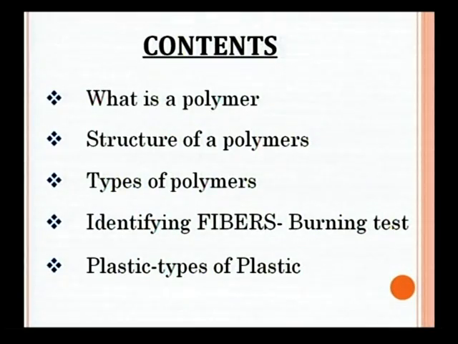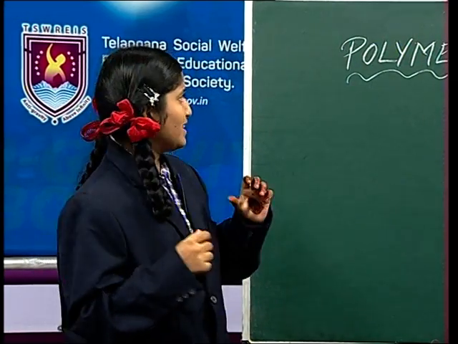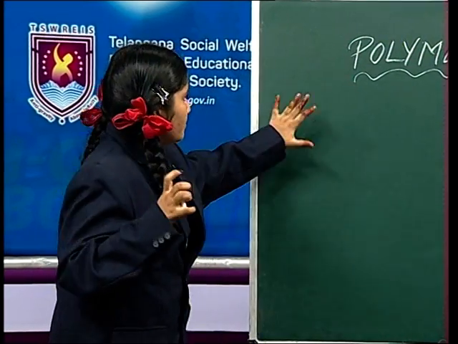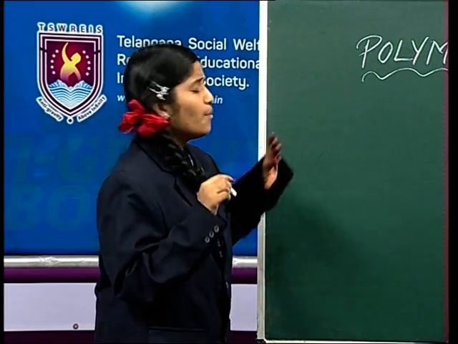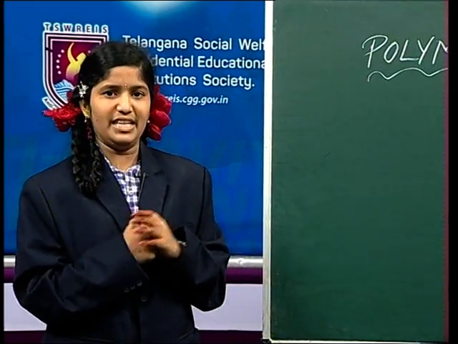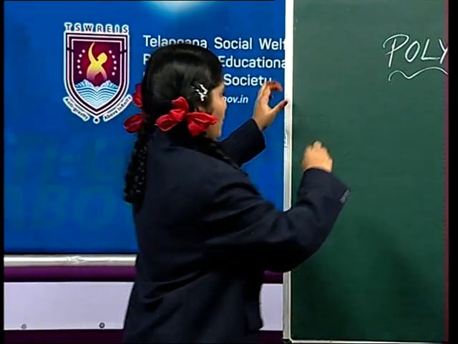Next, now I am saying about polymer. So Sparrows, what is a polymer? Polymer means many small identical units forming a large unit. Poly means many and mer means unit.